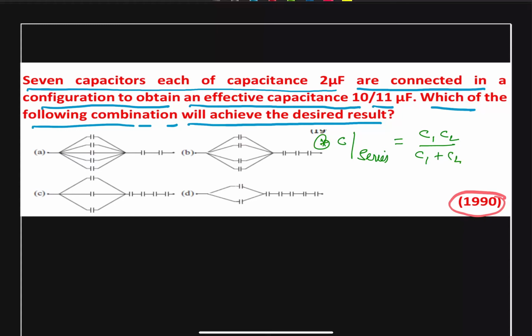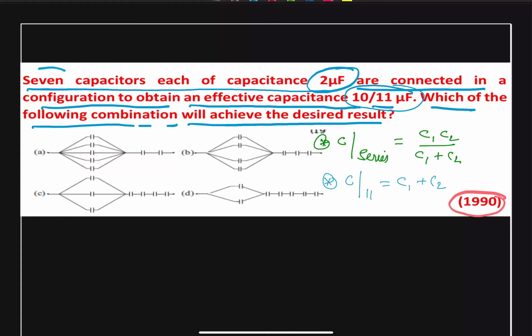And when they are connected in parallel, the equivalent capacitance will be equal to C1 plus C2. In this case, we want our effective capacitance to be equal to 10 by 11 microfarad.